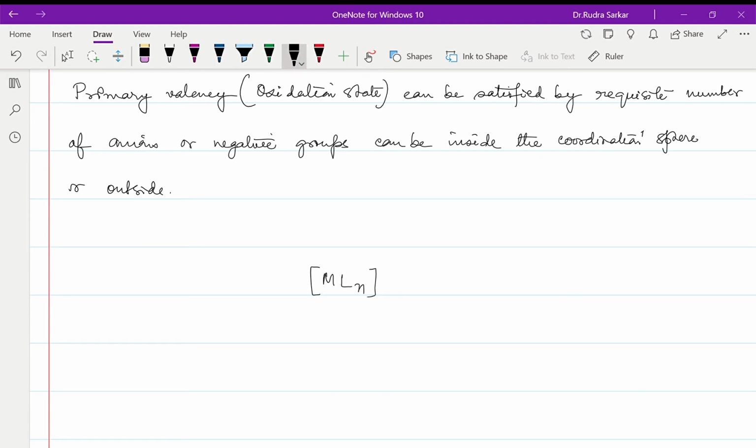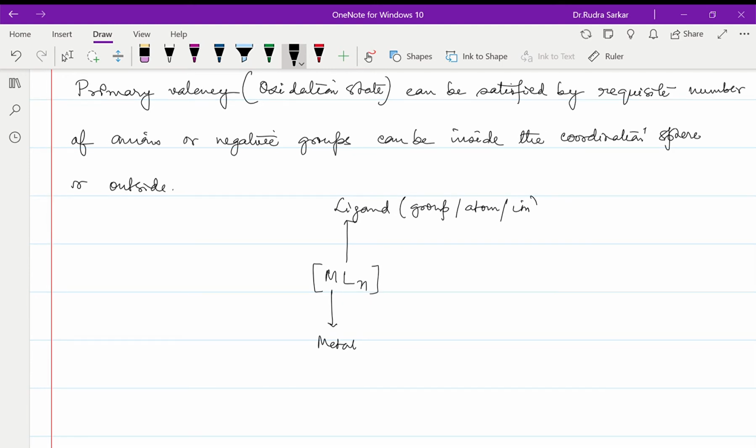So M is the metal, L is the ligand, which can be a group or an atom or ion, and N is the number of such ligands.